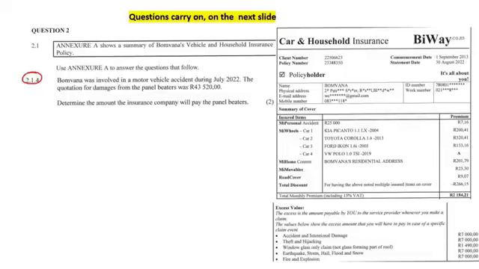Whenever you have a car, a house, anything that you want to have insured, there's always something called an excess. Let me try make a definition for you. The excess is the amount that you will pay.